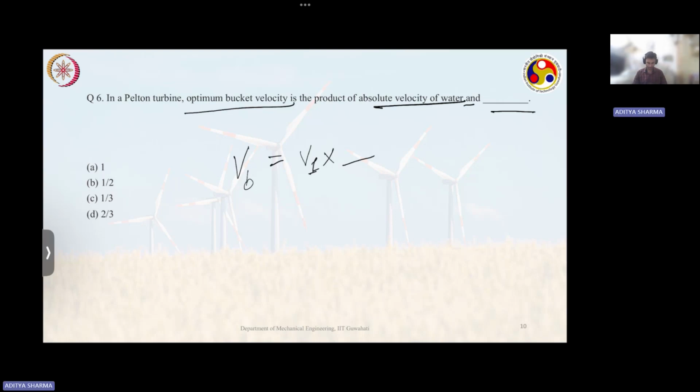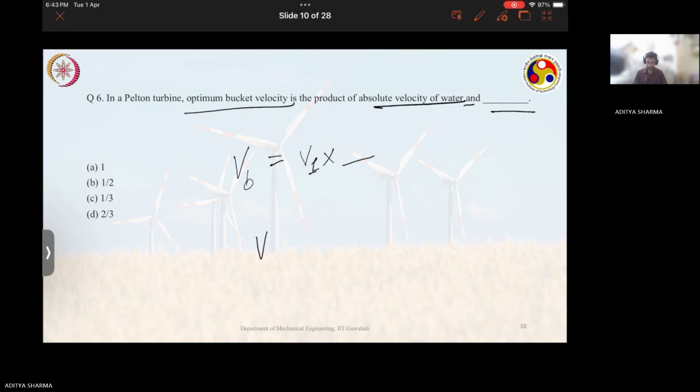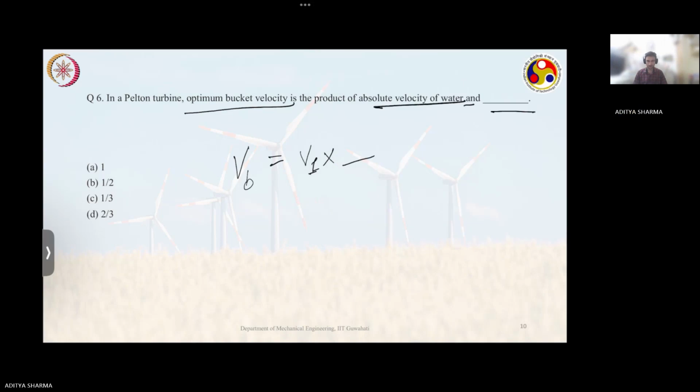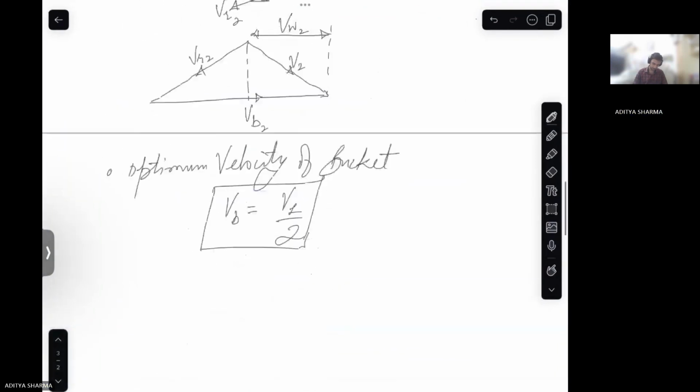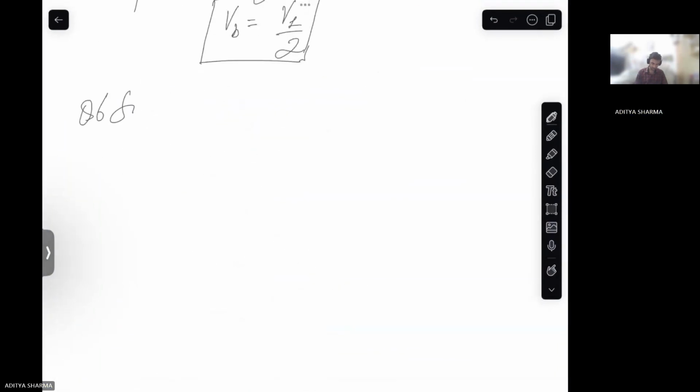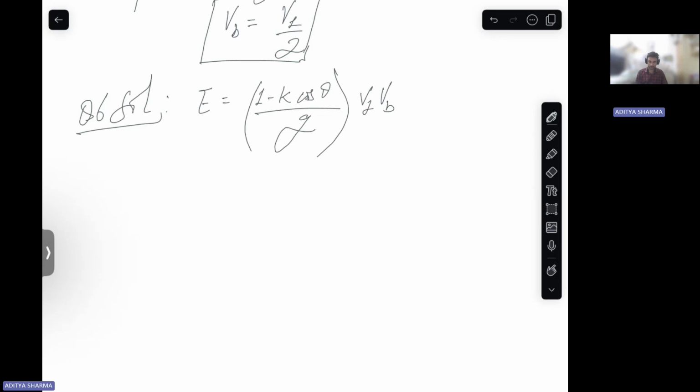So for your Pelton, for question number six, you have energy transfer given by this. Theta is your deflection angle. V1, VB we know.